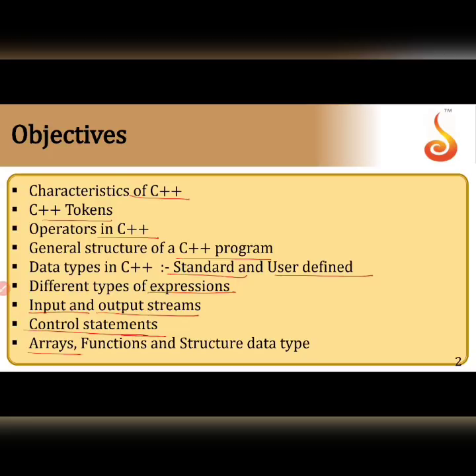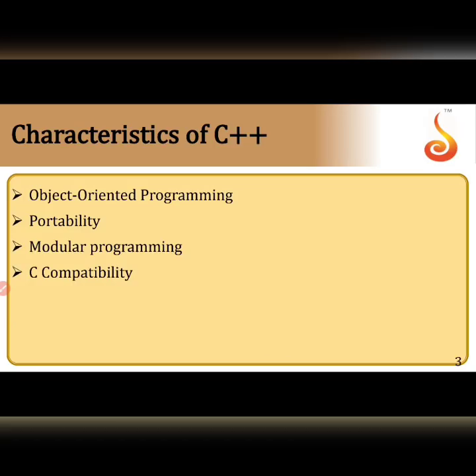Arrays, different types of arrays, functions, again in functions we'll talk about user defined functions and built-in or library functions, and structure data type. We'll write an example for this also, as this is very important to us in the data structures chapter.